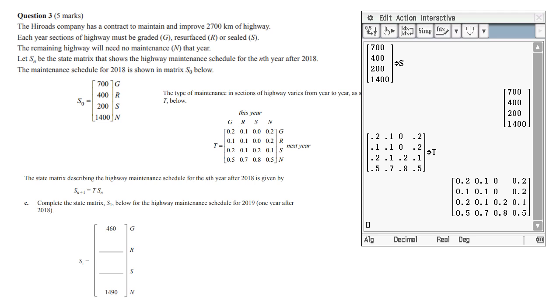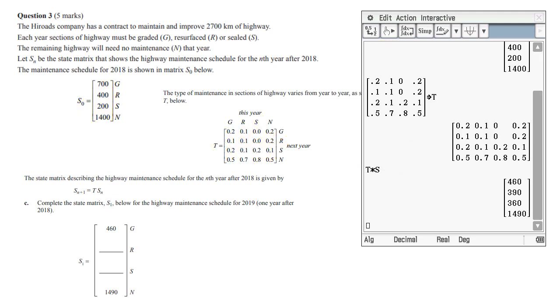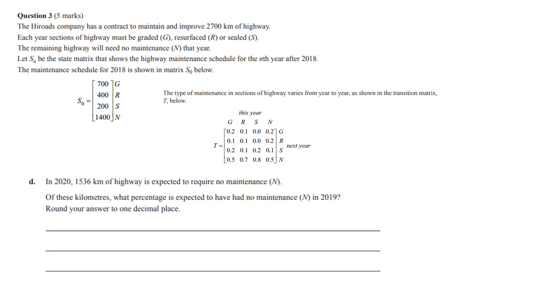So grab your calculator, and we've got our S here, which I've put in here, and I got my T here, which I've put in here. All you've got to do is do T times S. Once you do T times S, you get these values, and then you just have to do the very technical part, which some people still get wrong sometimes, 390 and 360. Write those in, and we're all done. Another easy mark. This is definitely one to pay attention to because a whopping 83% of people got this one wrong on the exam.